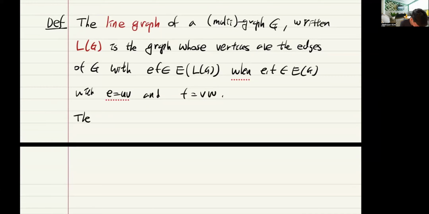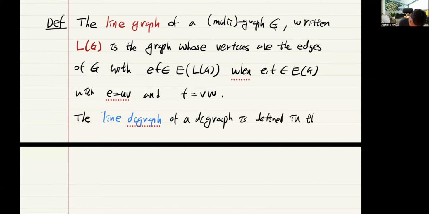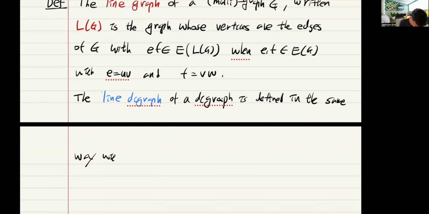And also we can consider the line diagram. The line diagram of a digraph is defined in the same way, with edges being ordered here, meaning that if e is an edge from u to v and f is an edge from v to w.